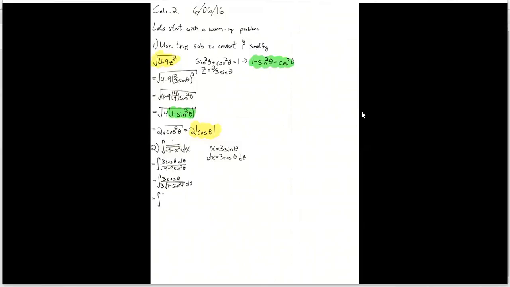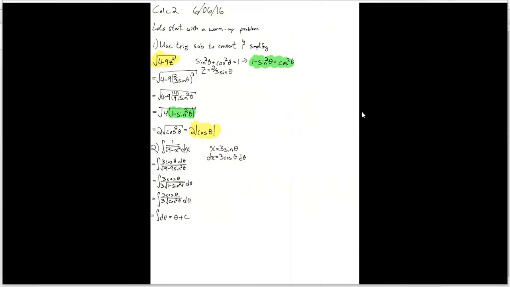So we'll have our 3 cosine theta, and then in the denominator, we're going to have cosine squared theta, so the square root gives cosine theta. So now this actually just becomes the integral. Those 3's are going to cancel, and those cosines are going to cancel. So all we're left with is the integral d theta. And that's pretty easy. That's just going to be theta plus c.